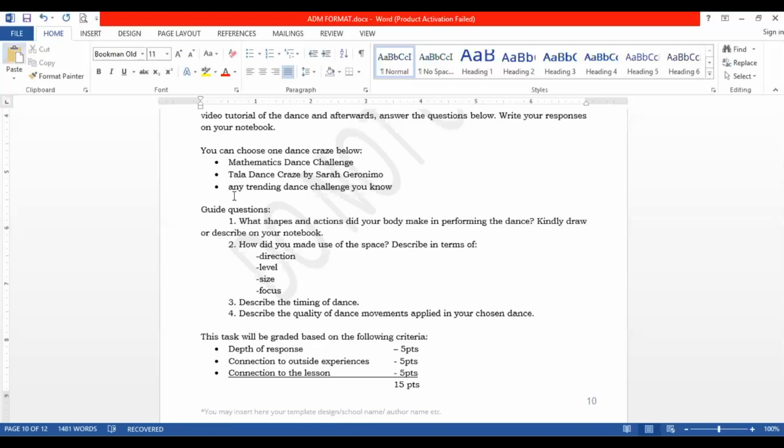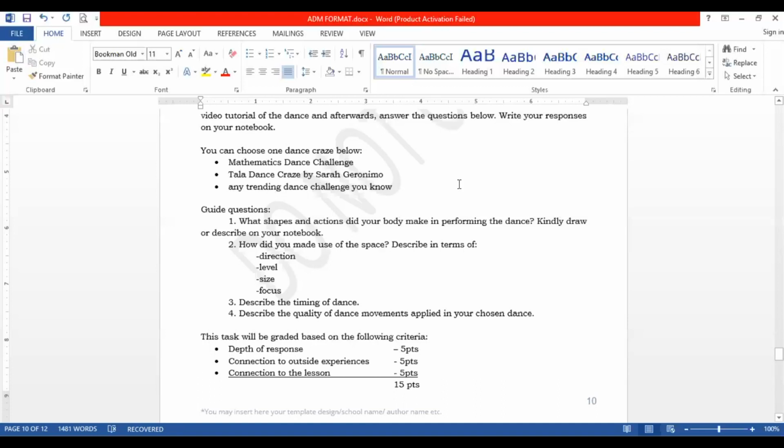So, kapag na-experience ng bata yung sayawin ito, masasagutan niya yung mga guide questions na may kinalaman doon sa objectives at sa body sa discussion kanina. So, nakalagay dito, you can choose one dance craze below. Mathematics dance challenge, Tala dance craze by Sarah Geronimo, and any trending dance challenge you know.